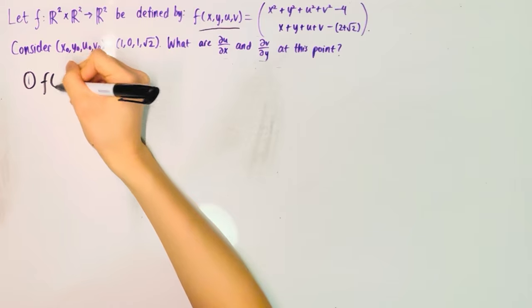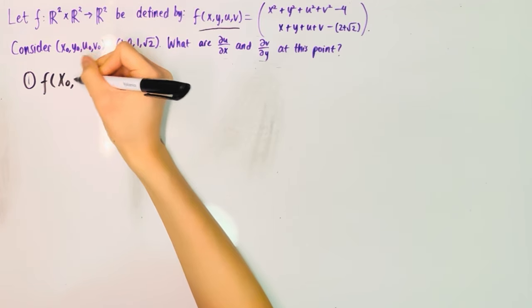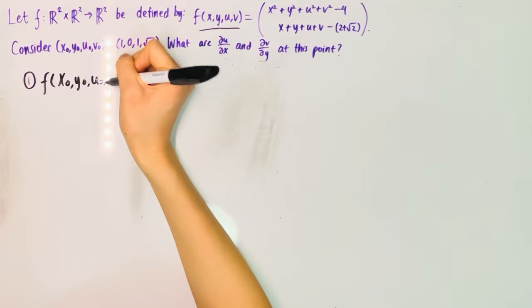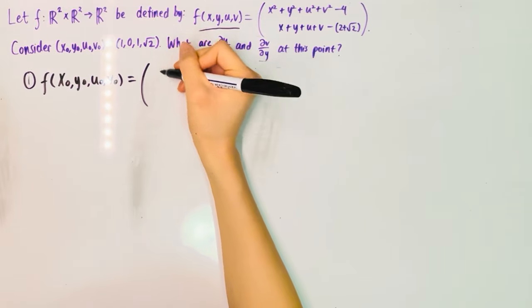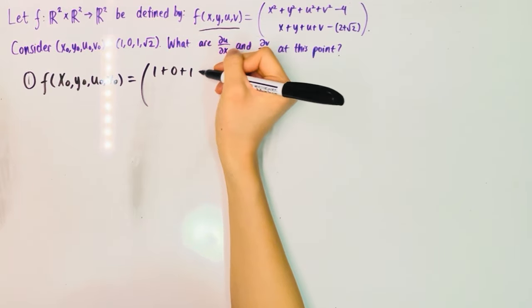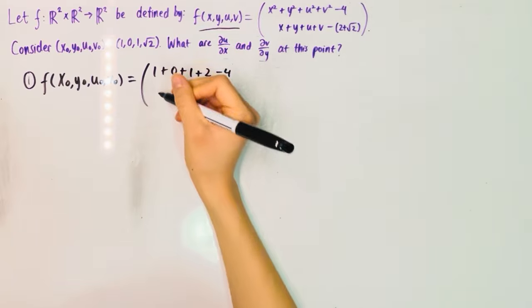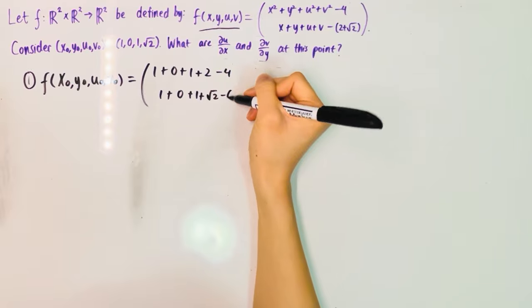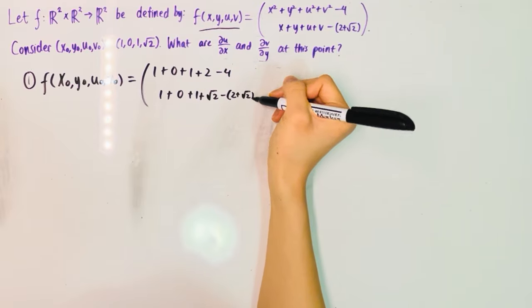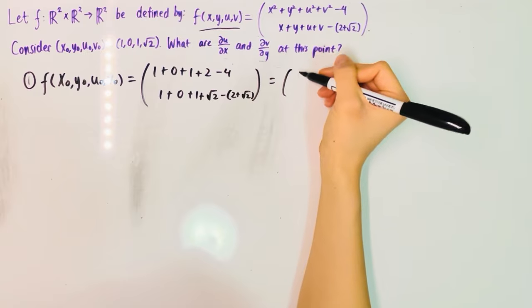So f of x0, y0, u0, v0 is equal to 1 plus 0 plus 1 plus 2 minus 4, 1 plus 0 plus 1 plus square root 2 minus 2 plus square root 2. That's equal to 0, 0.